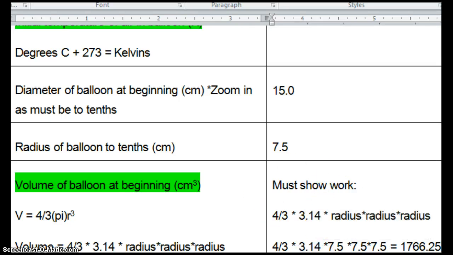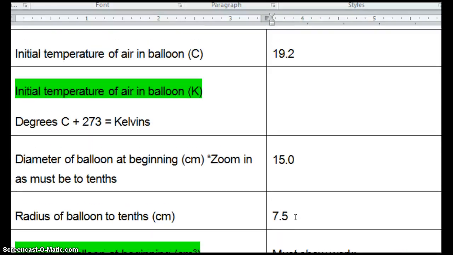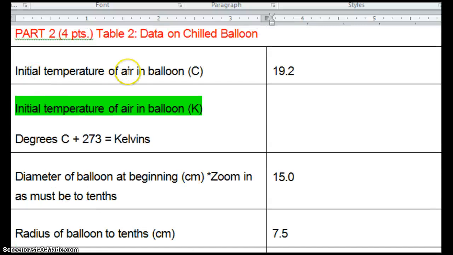All right, so we figured out how big it is according to the volume, how much space it takes up. The other information that we need to know is we need to change our degrees Celsius into Kelvin. So to do that, we put it in this equation. So how many degrees Celsius did we start with? 19.2. So 19.2 degrees Celsius plus 273 is going to equal our answer in kelvins.